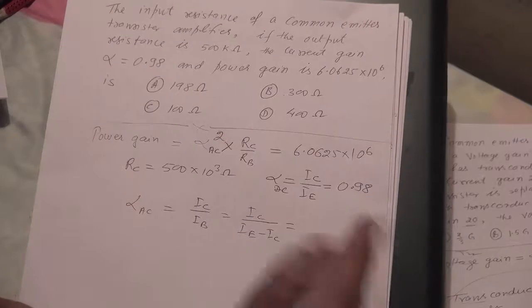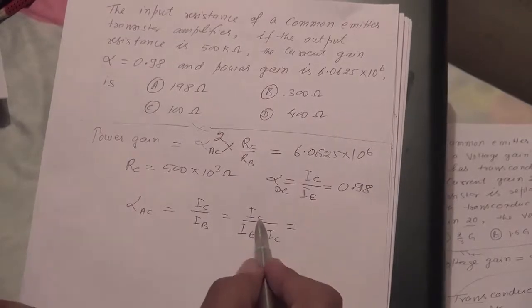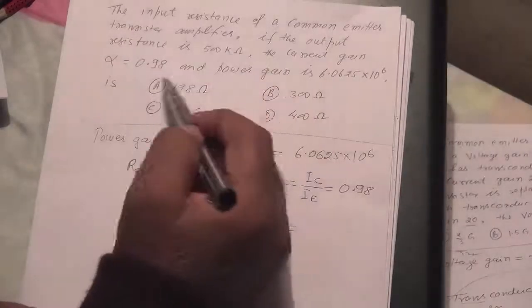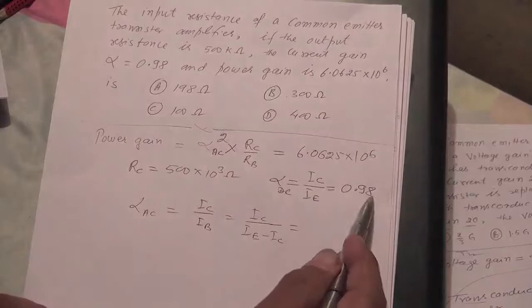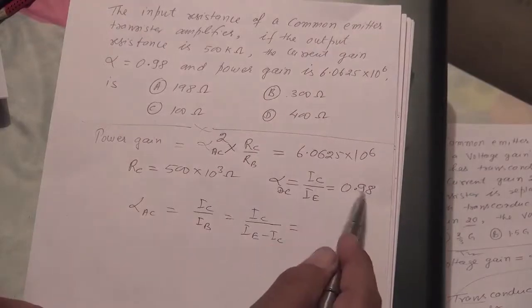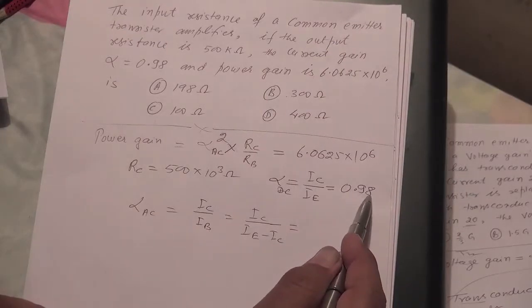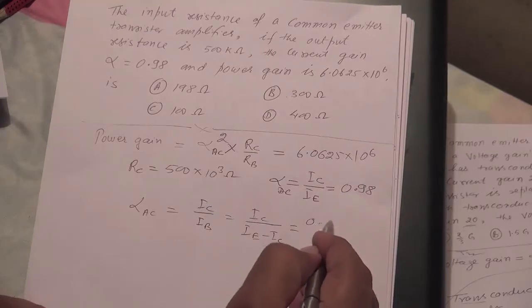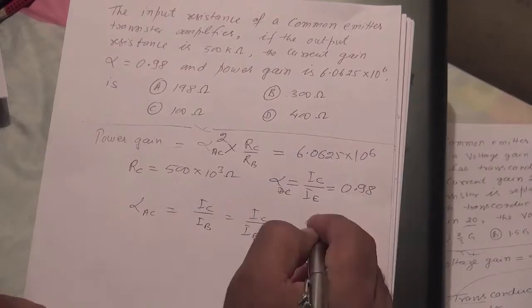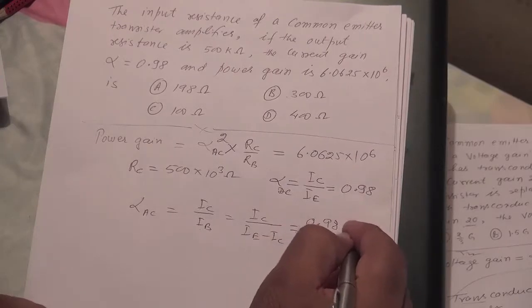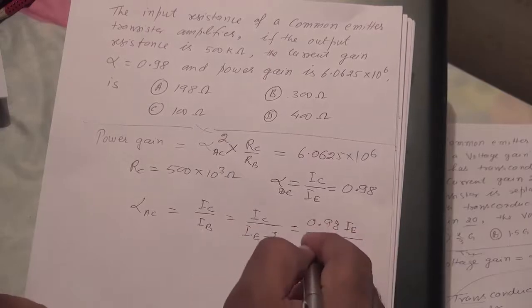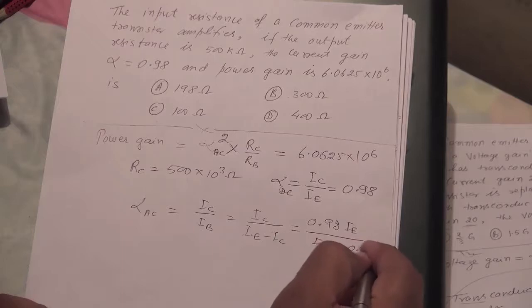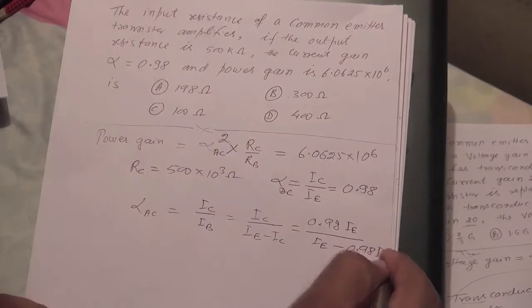So if alpha is 0.98, then IC is equal to 0.98 IE. So this is 0.98 IE divided by IE minus IC, which is 0.98 IE.